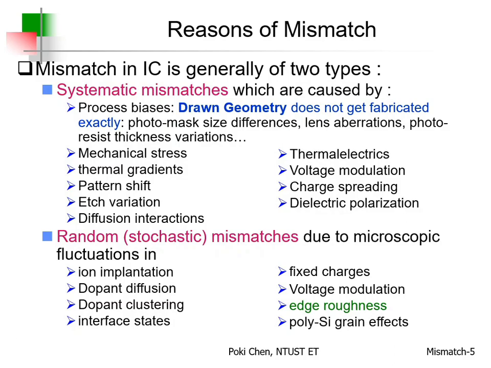Alright, but why do we have such kind of mismatch? According to the mechanism, we have 2 major ones. First of all, we call it systematic mismatches, just like what I told you in the last chapter. For example, oxidation.